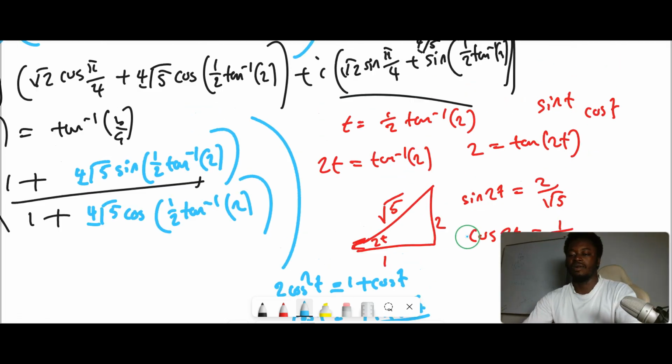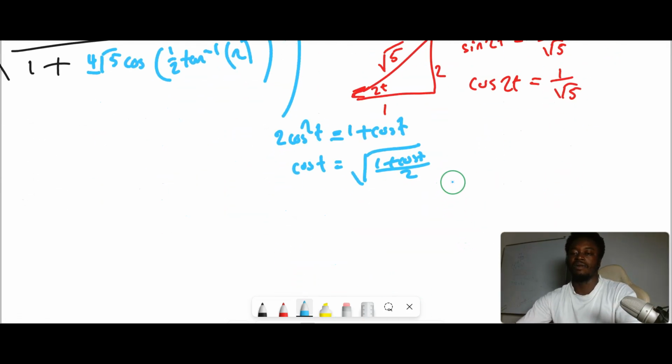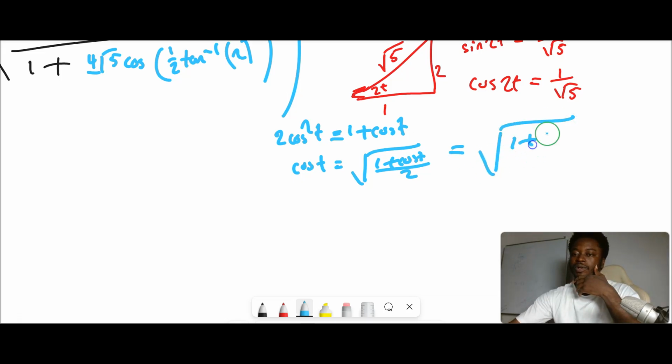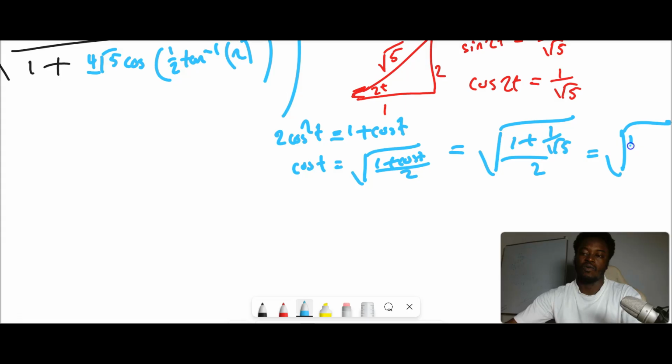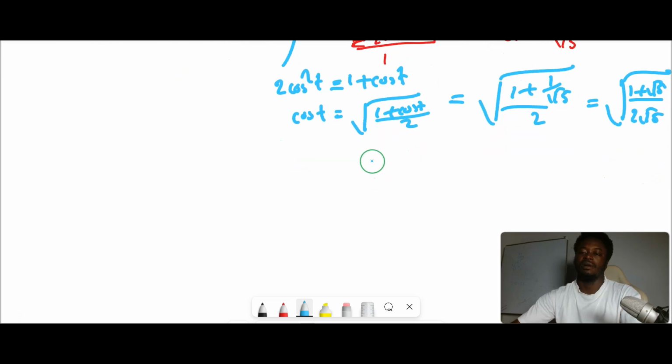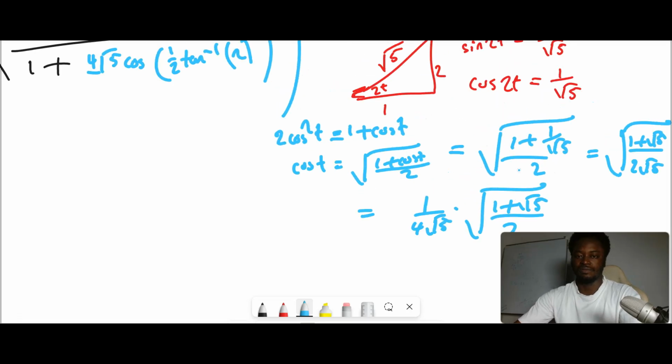That would be the square root of (1 plus 1 over square root of 5) all divided by 2, which is the square root of (1 plus square root of 5) all divided by 2 square root of 5, and that would be 1 over the 4th root of 5 times the square root of (1 plus square root of 5) all divided by 2.